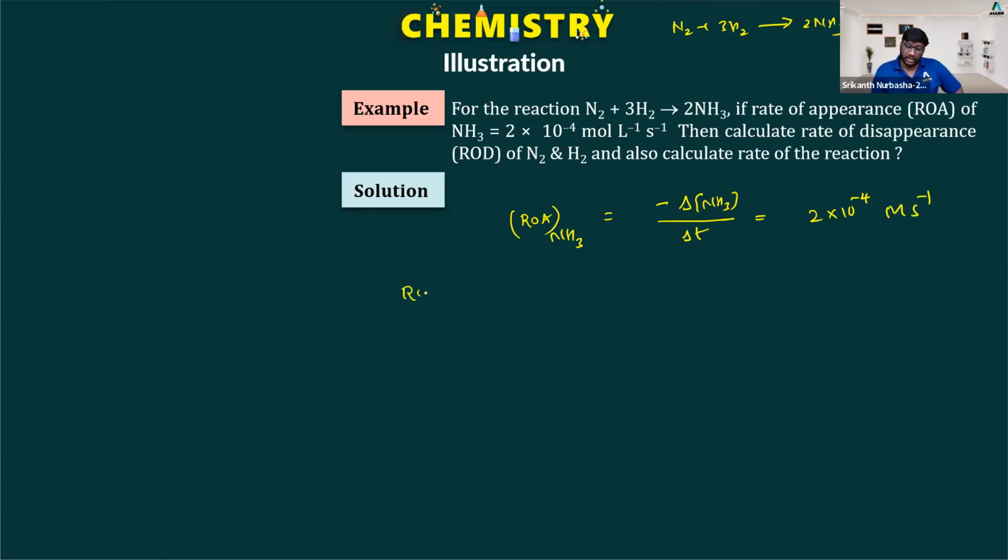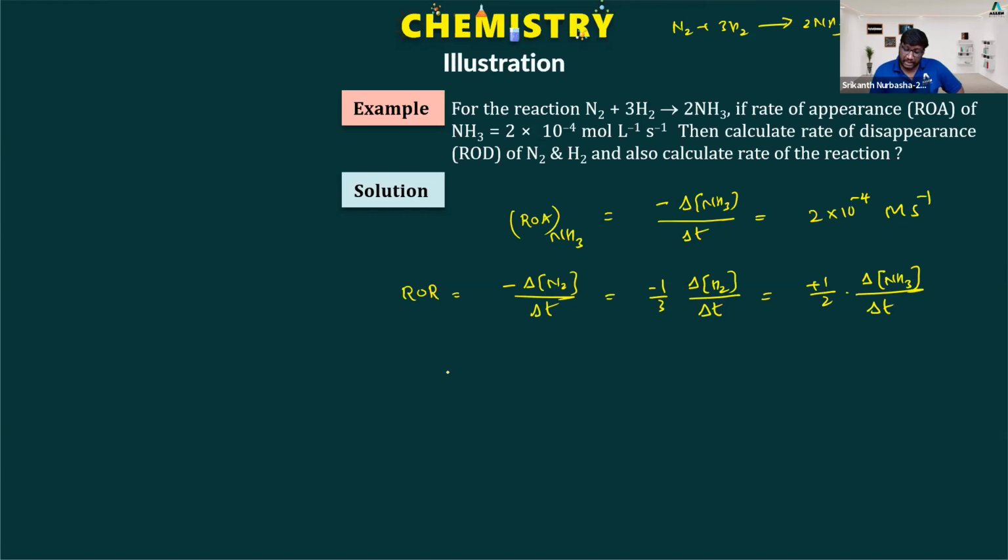We know rate of reaction is equal to minus of change in concentration of N2 divided by time required for that change. That is equal to minus 1 by 3 change in concentration of H2 divided by time required for that change. That is equal to plus 1 by 2 change in concentration of NH3 divided by time required for that change.